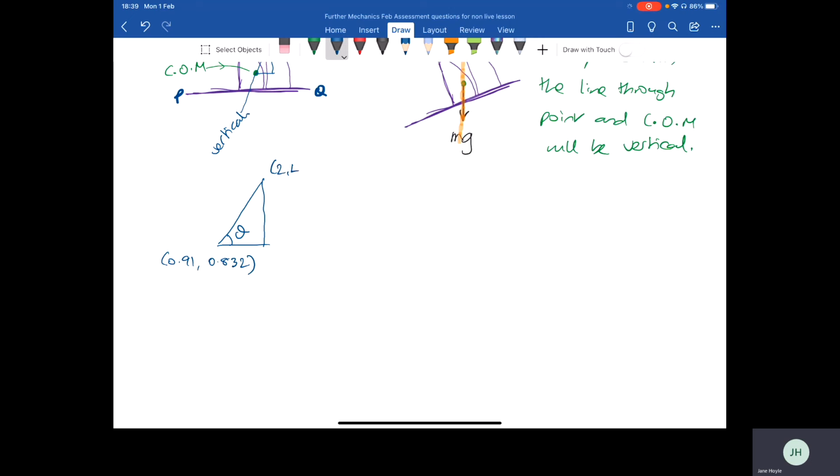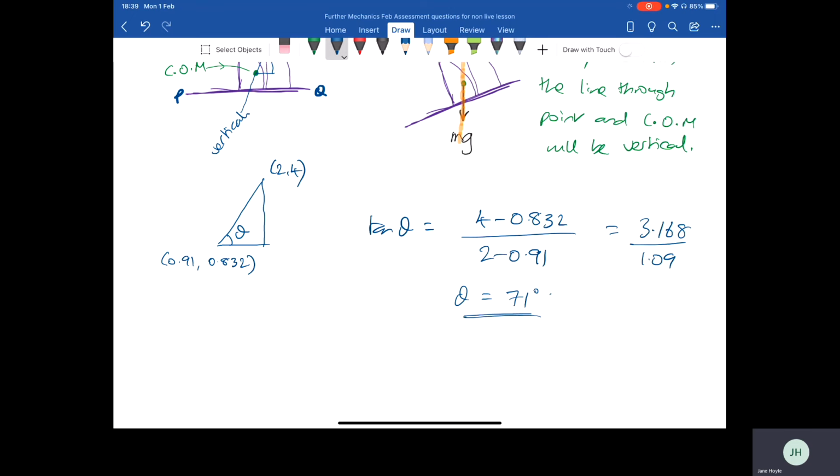This is the point 0, 4. So I know that tan of my angle is the difference in y's over the difference in x's. 3.168 over 1.09. That makes theta equal to 71.0 degrees. Let's just go with 71.